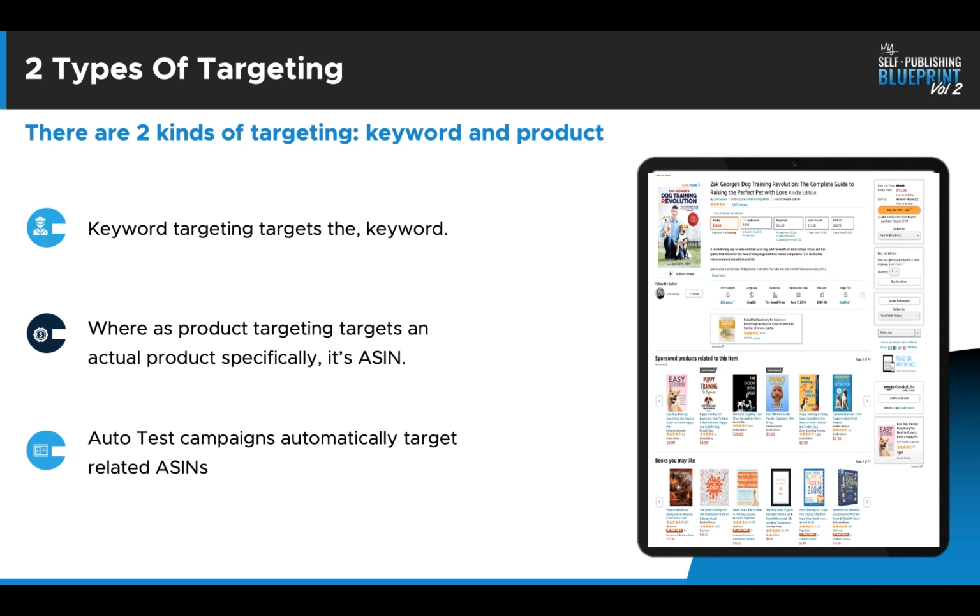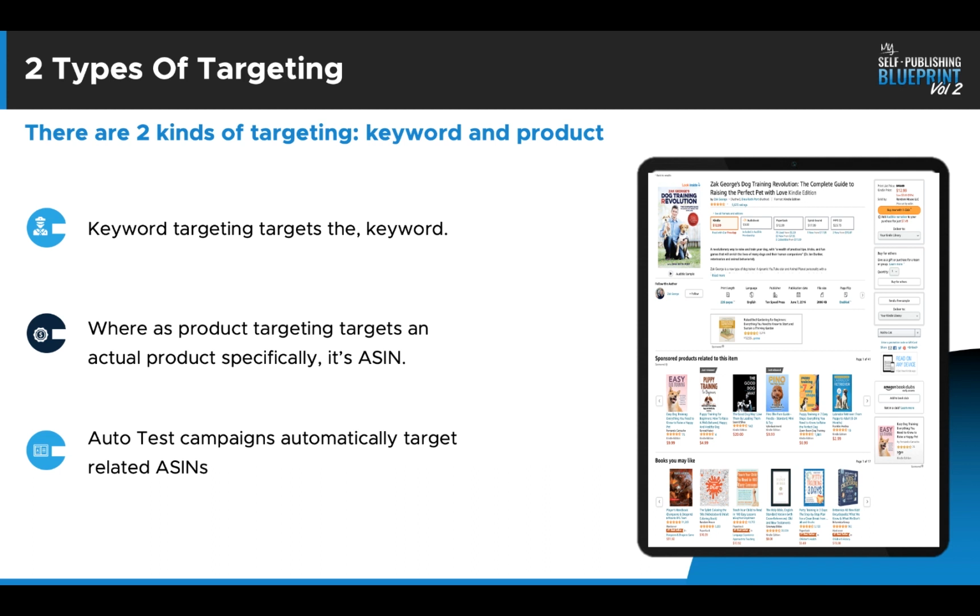Manual test campaigns are just that, manual. We're able to select exactly what we want to do, whether we want to target specific products for your book, or keywords. Most people are going to be targeting keywords. Sometimes you do want to select products.